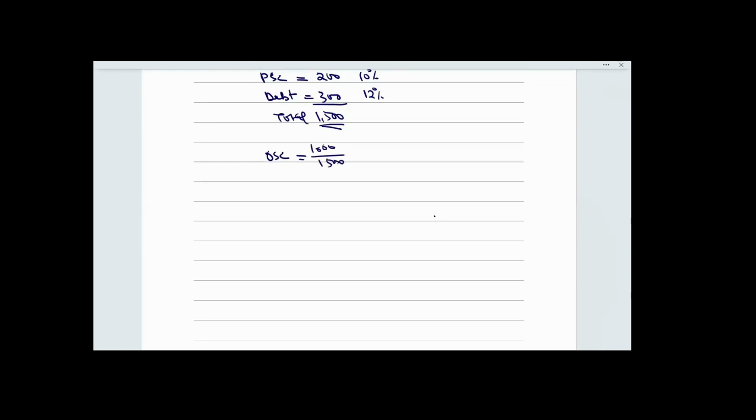Then to get the average of that, I need to multiply with the 15%. Whatever I have, I put it there. Let's say, for example, this is not the exact figure, but just for simplicity. Preference share capital is 200 divided by 1,500, then multiply by the cost of preference share, which is 10%. Let's say this one will give us like 4%.